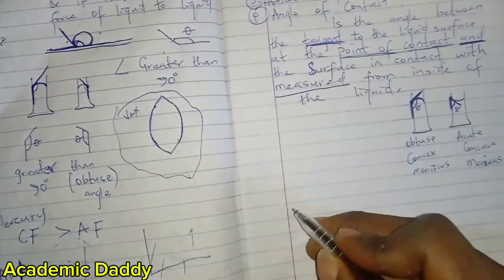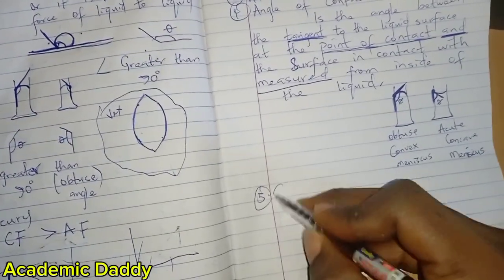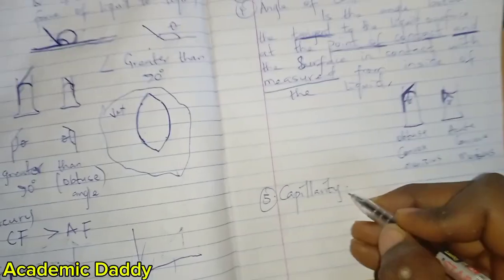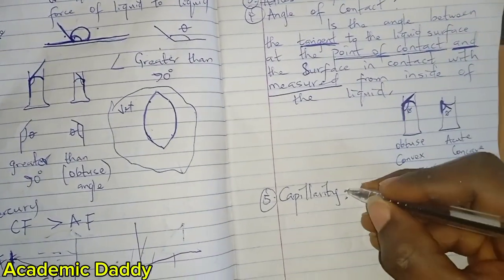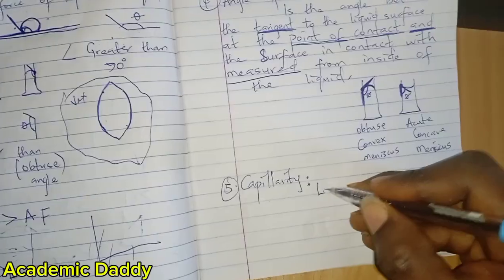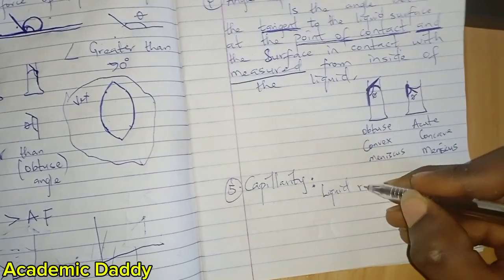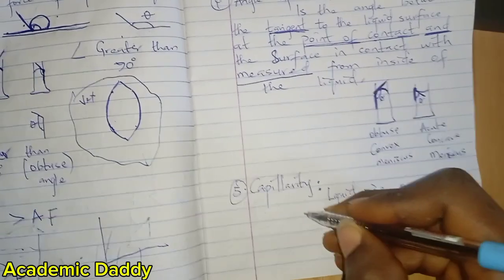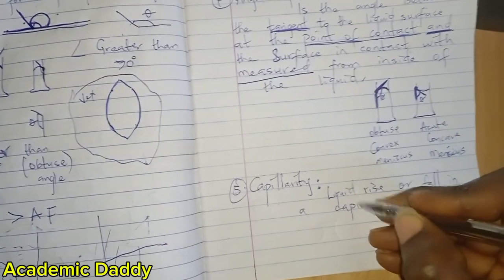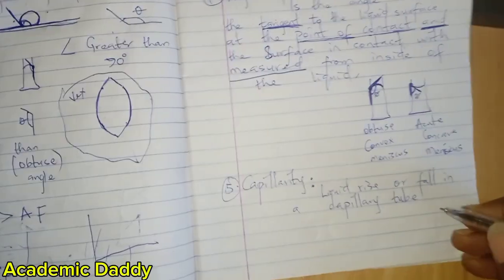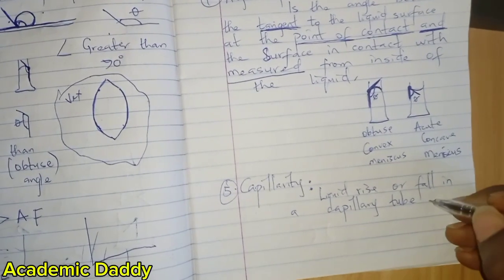Now the next property, the fifth one, is what we call capillarity. So we always say that capillarity has to do with liquids: rise or fall in a capillary tube is known as capillarity.